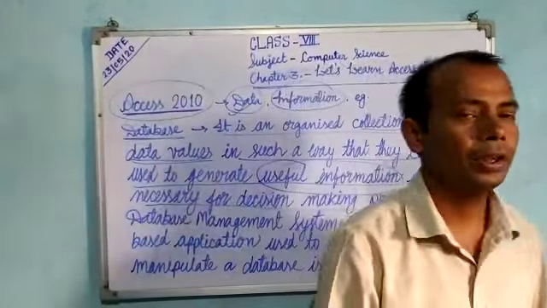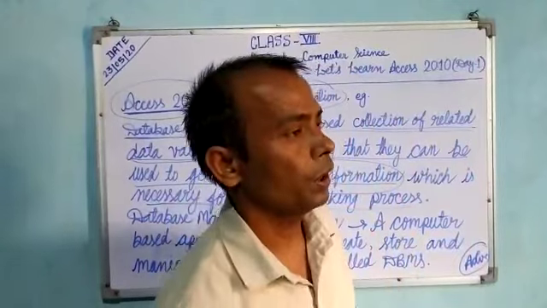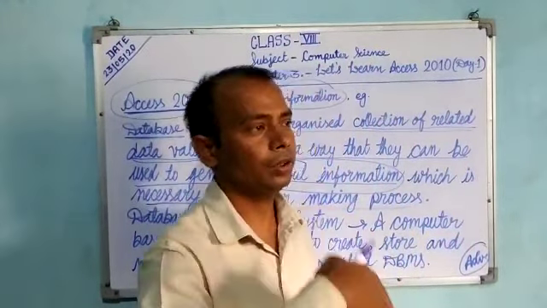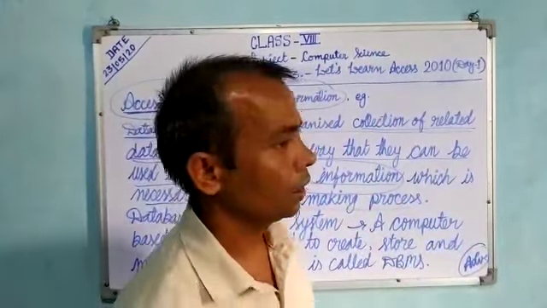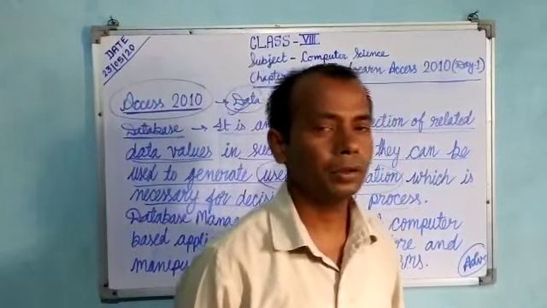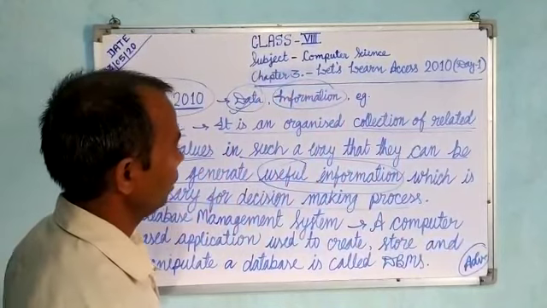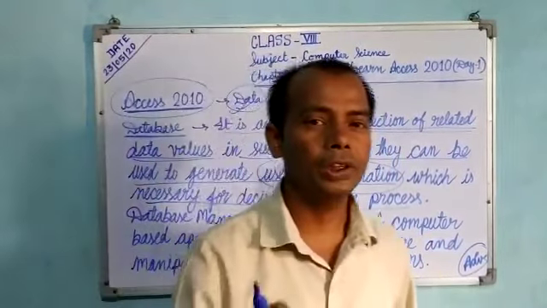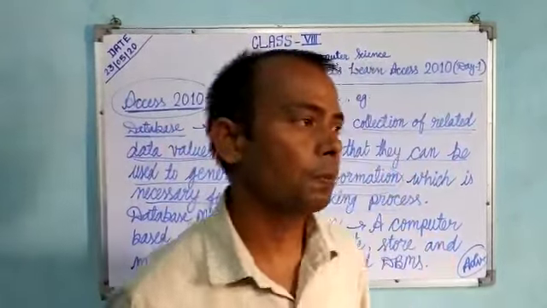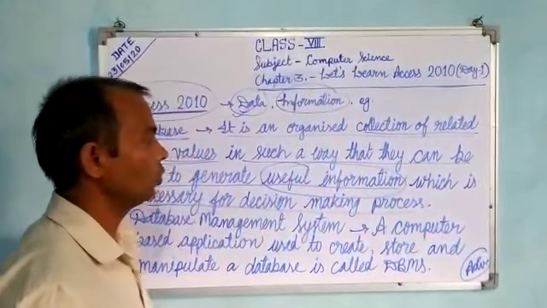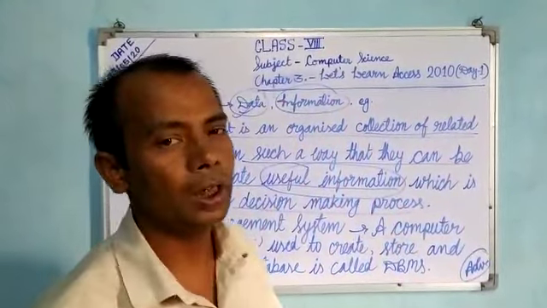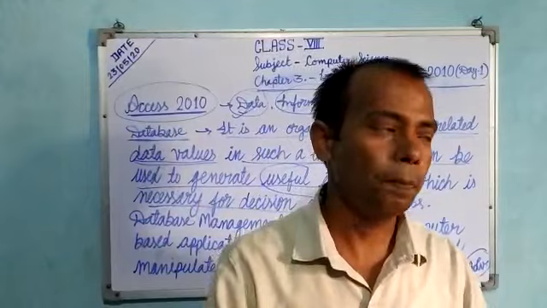So let's see, whenever we have so much data, and that data is separated, one data in one place, other data in a separate place, and then we have to make a decision on any critical problem, then we need to combine all that data at one place.